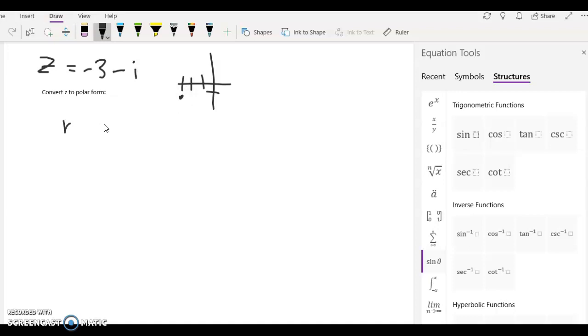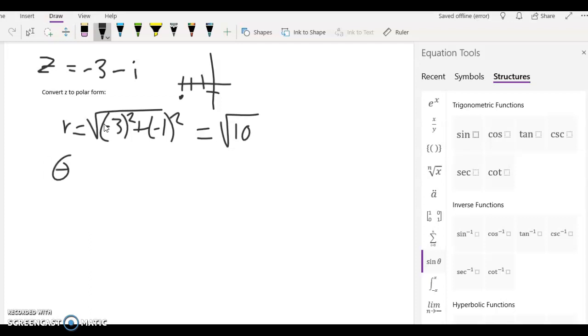So to find my r, I'm going to take the square root of -3 squared plus -1 squared. And -3 squared is 9, -1 squared is 1. When I add those together, I get the square root of 10. Easy enough. Next, I want to find the theta.